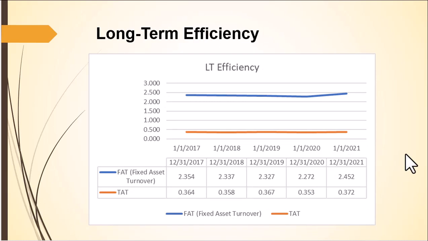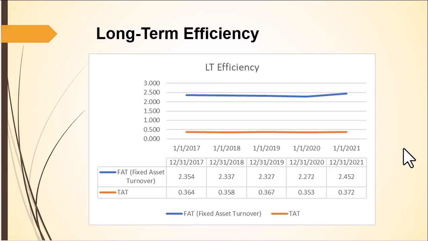The last set of ratios here is long-term efficiency. If you notice, these numbers are pretty flat. So the fixed asset turnover ratio is around the 2.5 range. Shows us essentially that over the last 5 years, we have used our plant and equipment very consistently.